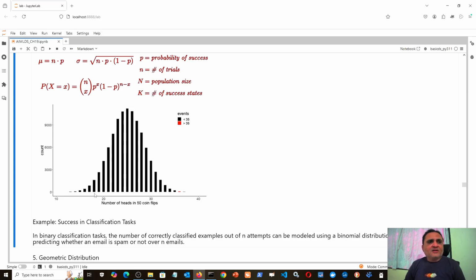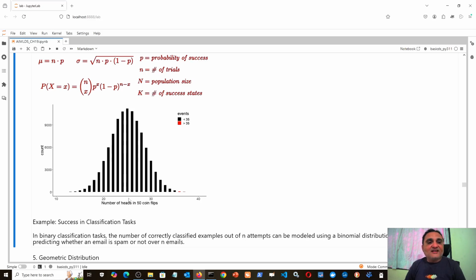That means here, for example, these events are pretty rare, or they are less likely to occur. However, if you repeat the experiment of 50 coin flips 12,000 times, then you will see that ultimately it might be possible that in the first experiment you get this, but in third experiment you get this, then in fifth experiment you may get this, then in 1129th experiment you may get this, but ultimately when all 12,000 sets of experiment, in each of which you will do 50 coin flips, are completed, then you will get this kind of graph.